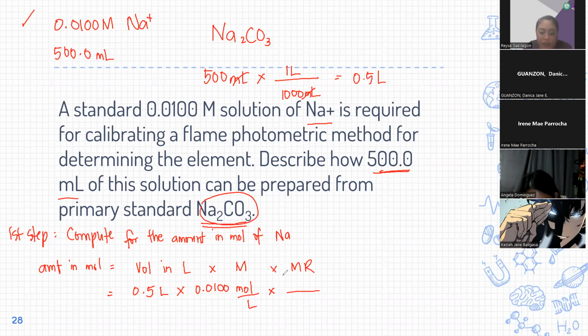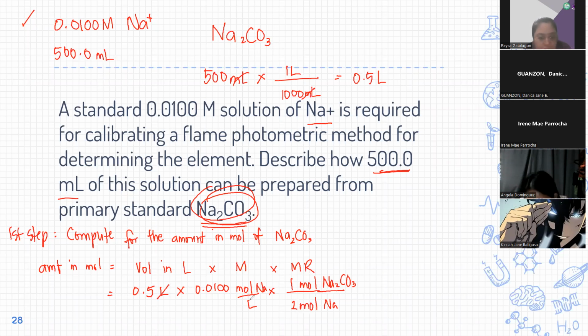In one mole, class, in one mole of sodium carbonate, you will see 2 moles of sodium. So it goes at the bottom. Because take note, this 0.01 moles is for sodium. So again, we have 2 moles of sodium found in one mole of sodium carbonate. Okay? Let's compute. Take note, this is for the sodium carbonate.